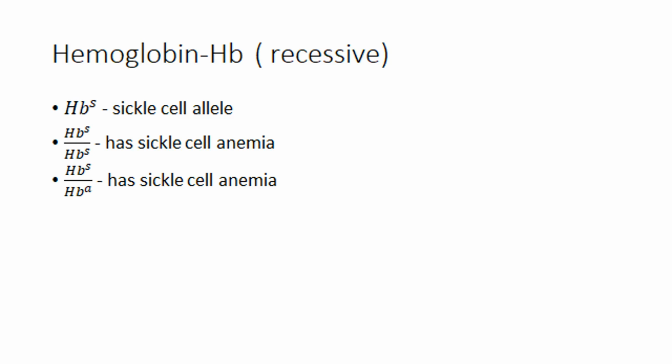This sickness will appear in organisms that have two alleles of sickle cell anemia. Also, if the organism has one sickle cell allele and another allele not affected by the mutation, it does not have sickle cell anemia. This is an example of a recessive trait.